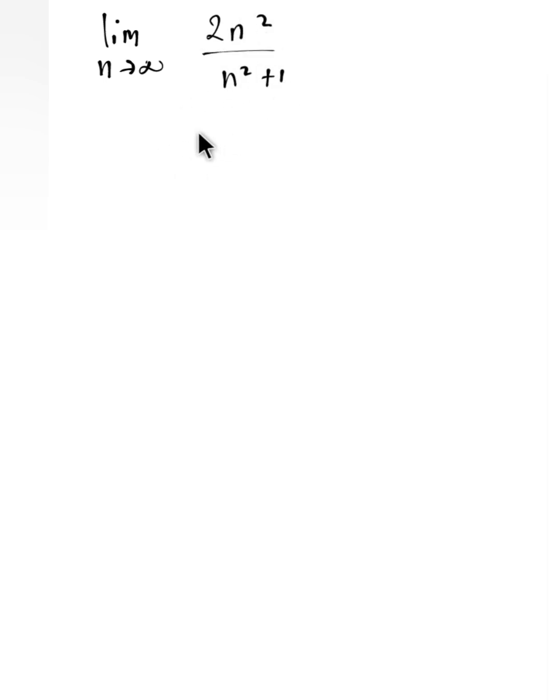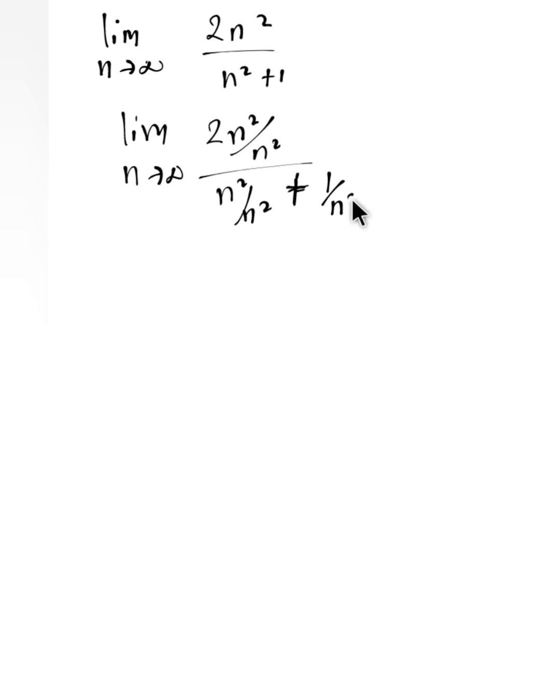At this point, we need to divide all the terms by the highest power of n, which is n squared. So it gives us the limit as n tends to infinity of (2n squared over n squared) divided by (n squared over n squared plus 1 over n squared).